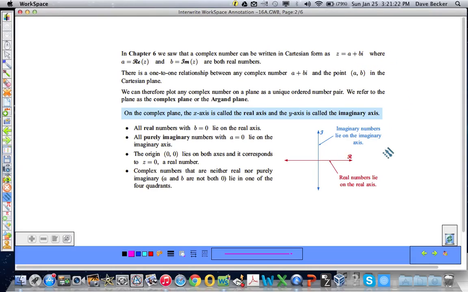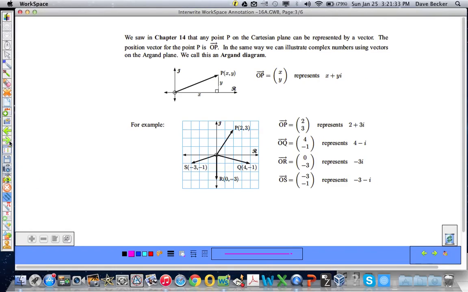So again, real axis, imaginary axis. Okay, so, Argand diagram.